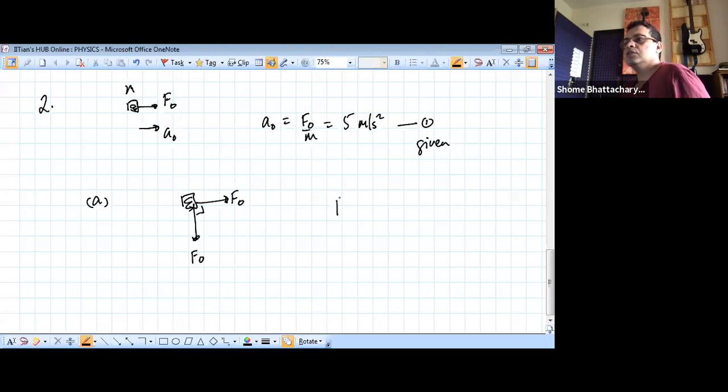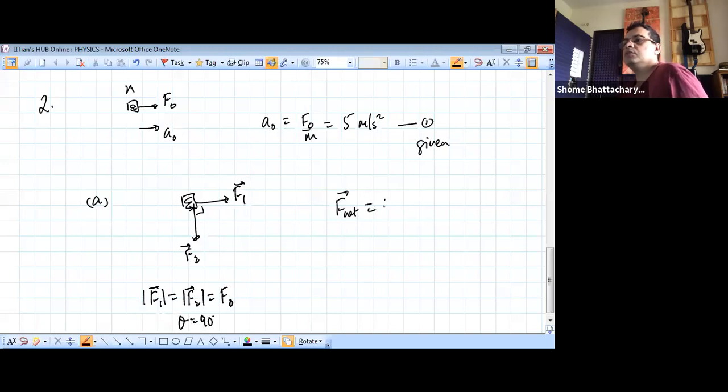So in a proper equation, you can show this as some force F1 and this is some force F2, where magnitude of F1 is equal to magnitude of F2 is equal to this original force's magnitude, but the angle between them is 90 degrees.